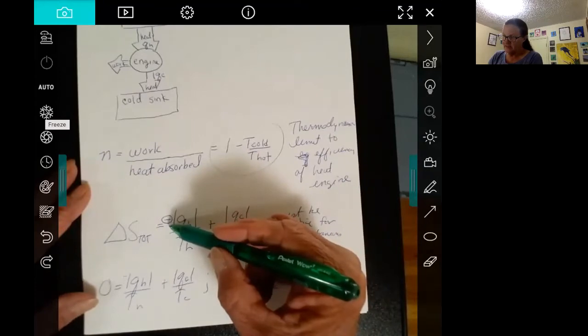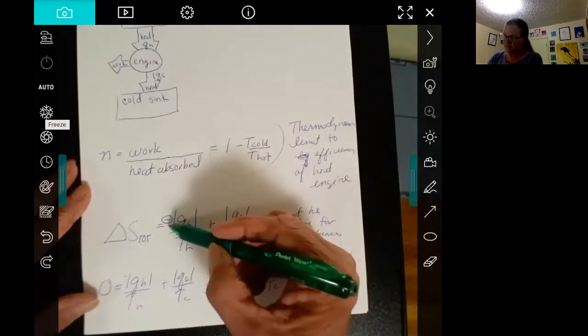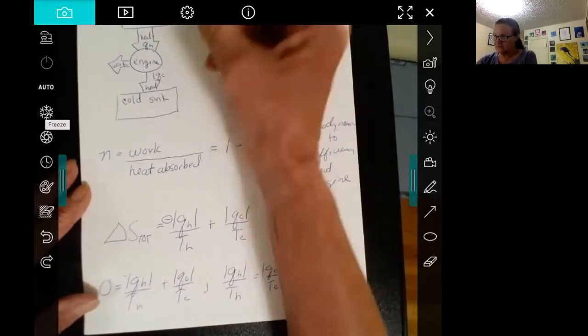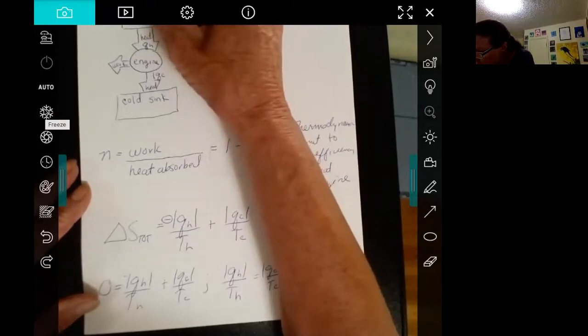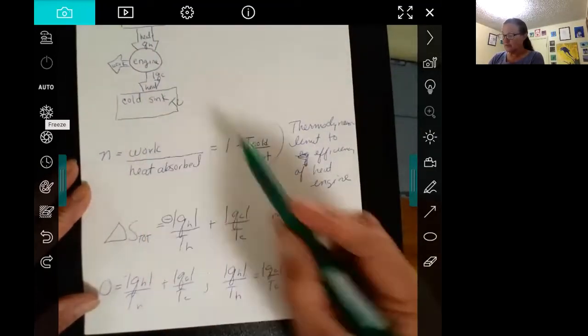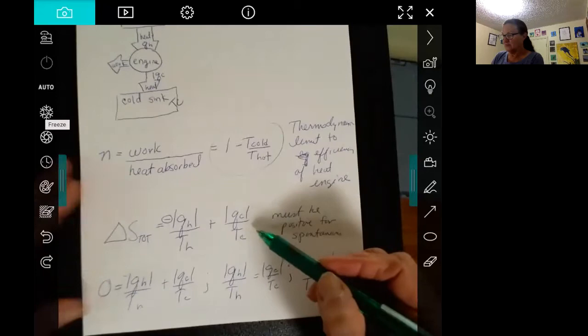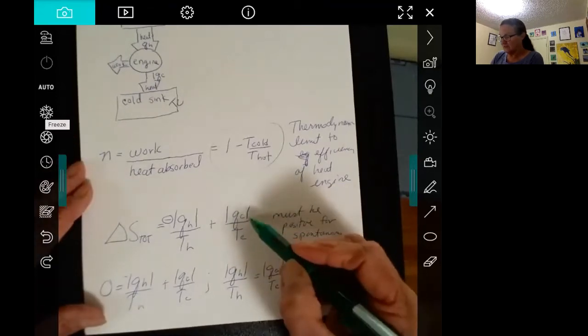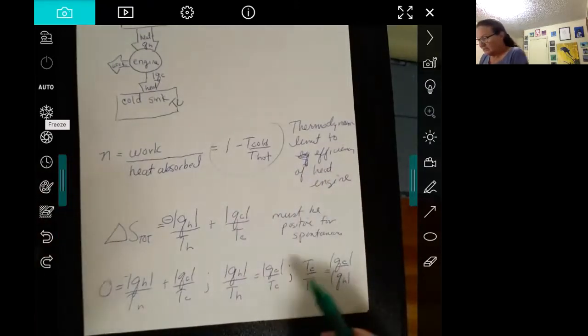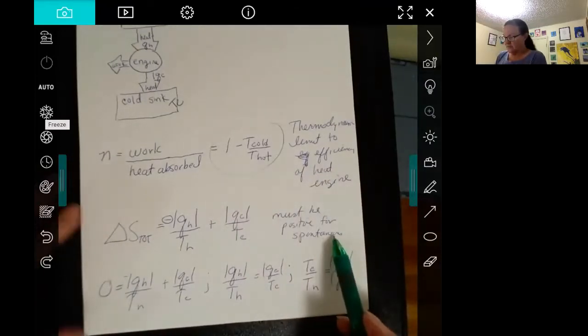But the heat source entropy will go down by QH over TH, whatever the temperature of that hot source is. And then when you throw it to the cold sink, you're increasing that entropy because you're adding heat. And so the absolute value of how much you put into the cold sink over the temperature cold. And this has to be positive for it to be spontaneous.